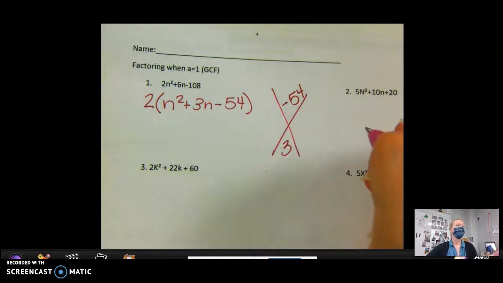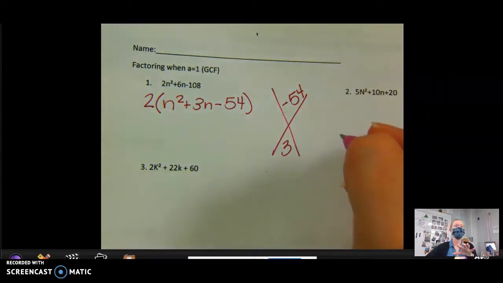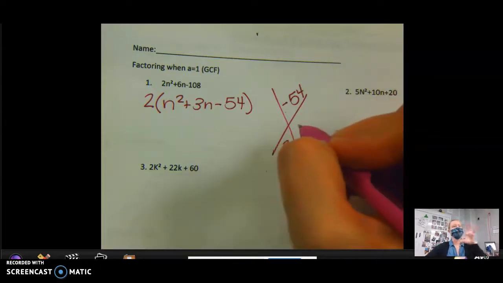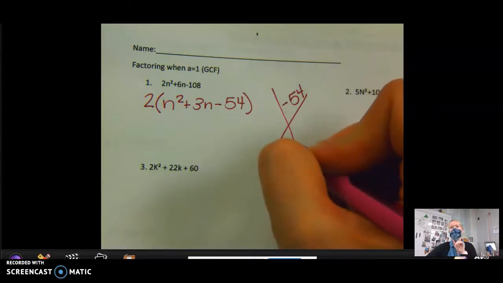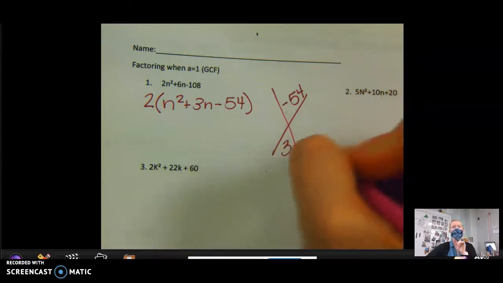If you have a hard time with factors, you would look at your multiplication grid sheet that I gave you guys on Friday. There may be more back there or somewhere. Oh, they're right over here if you need that again. You're going to look in the box for 54 and see what multiplies to 54, but then do those two numbers add or subtract to 3 somehow?